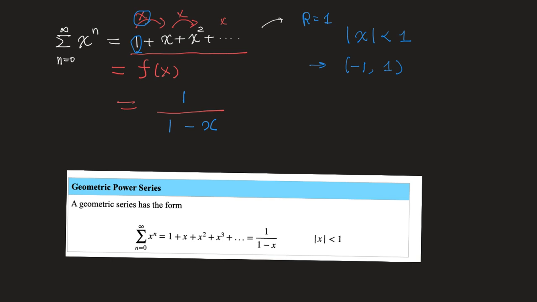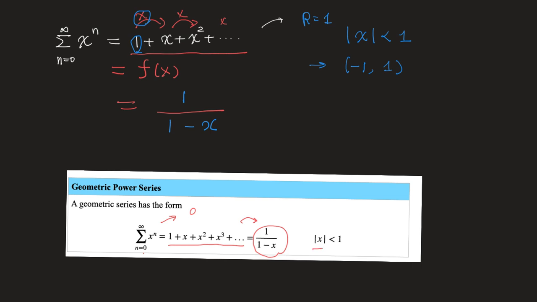So this geometric power series represents a rational function if x is between -1 and 1. The power series, summation n equals 0 to infinity x^n, has center 0. It is 1 plus x plus x squared plus x cubed, a power series at x equals 0, representing the rational function 1 over 1 minus x.